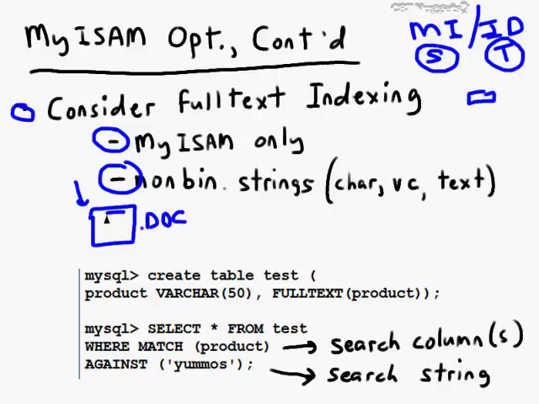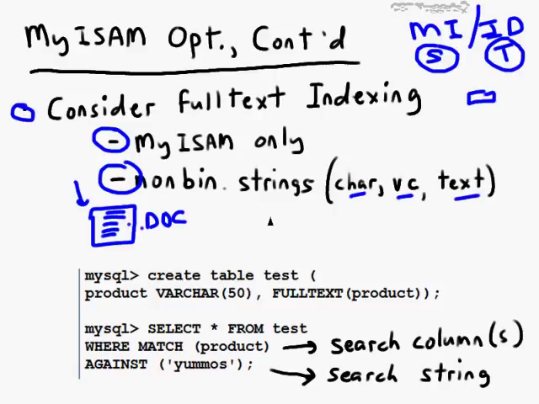You would have to extract the data out of those files and store them in a column in a MyISAM table using a traditional non-binary string format.